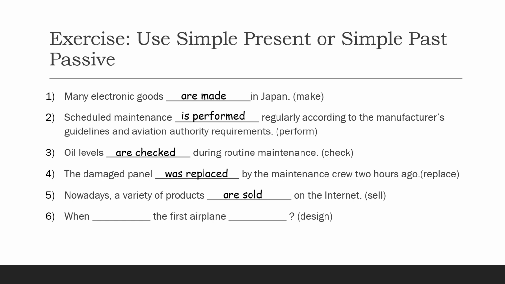So, when the first airplane? The first airplane means we're talking about the past. The first airplane, singular. When was the first airplane, verb 3, designed?